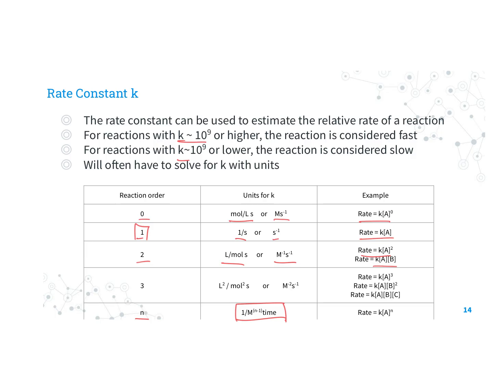You don't need to memorize this, and the rate is k times A raised to whatever power n is, whatever that reaction order is. And so the more things you have reacting that affect the rate of a reaction, the more you have to add into that rate law. But it always has the same form. Rate is equal to k times the concentration of A raised to some power n, depending on the reaction order.